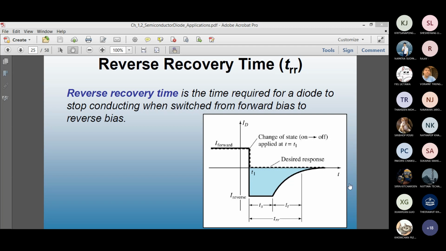What about you, Piladon? What do you expect the current to be when you change the state from forward bias to reverse bias?